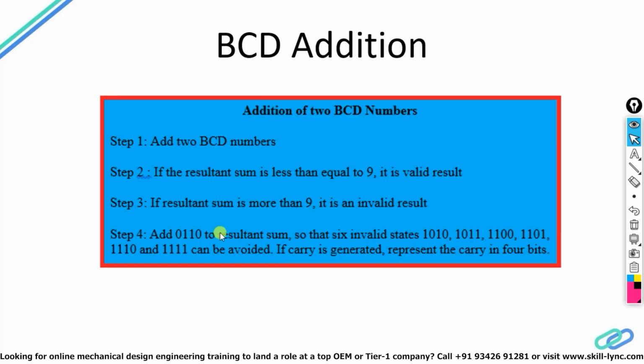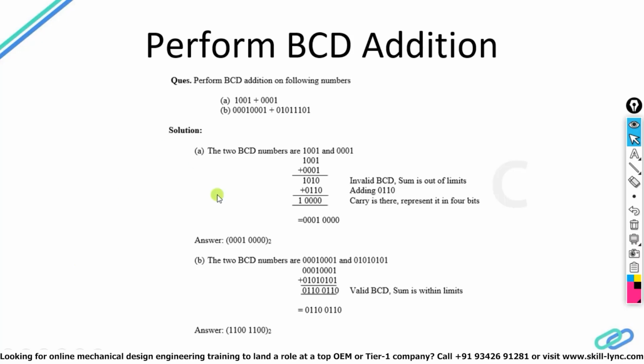So what you will do, if it is not a valid result, you will add 6 to the final value. And if a carry is generated, write the carry in 4 bits separately. Let's take an example. The first question says 1001 plus 0001. So the two BCD numbers are 1001 and 0001, and we are adding them.